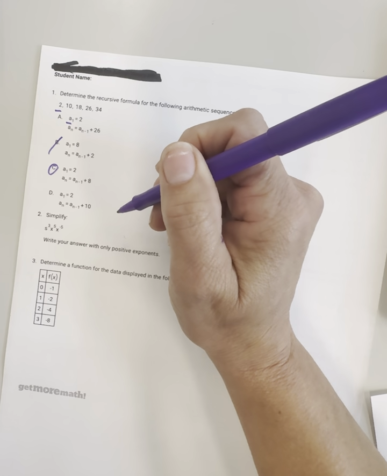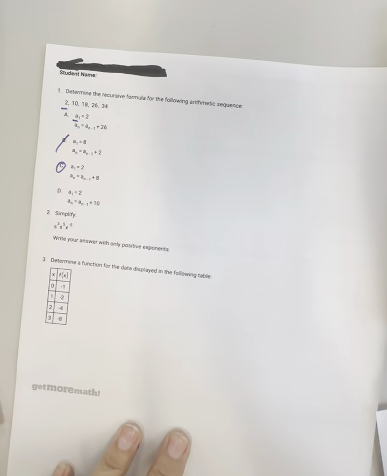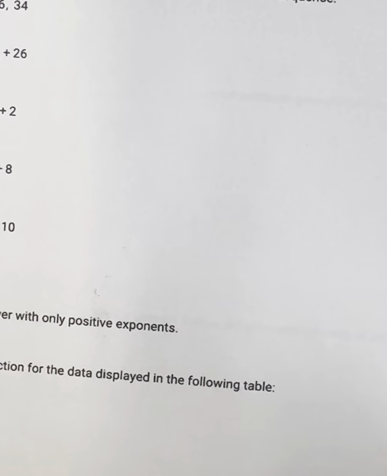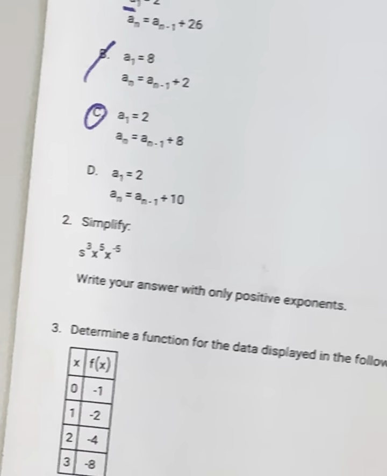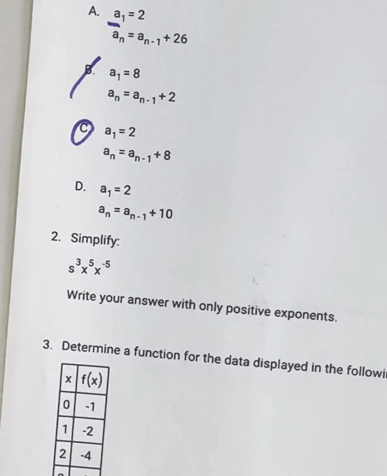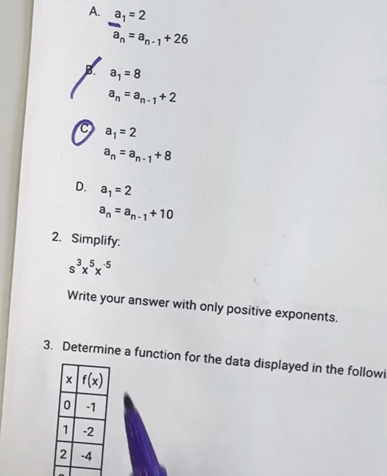Okay, number 2. The rules of exponents says when you multiply, you add your exponents. So you have 2 that are alike, 5 and x, your x is alike. So 5 minus 5 is 0.